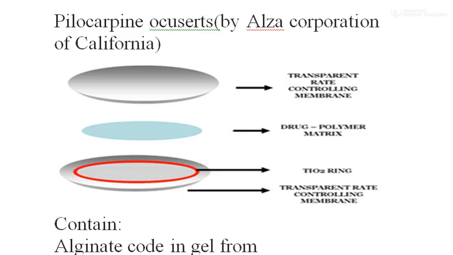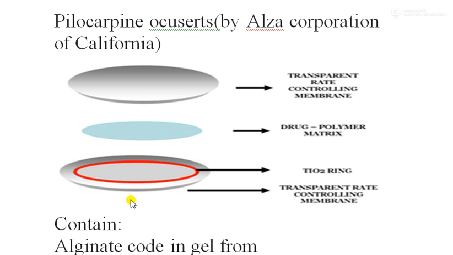Okay, let's see the structural modification or contents of the pilocarpine Ocusert. As you can see in this picture, there are layers in this preparation. First of all, it contains 4 layers, and the bottom and top layers are transparent rate controlling membranes, and the middle portion contains the drug, which is encapsulated within the polymer matrix.